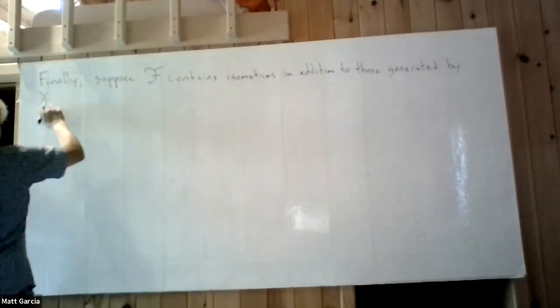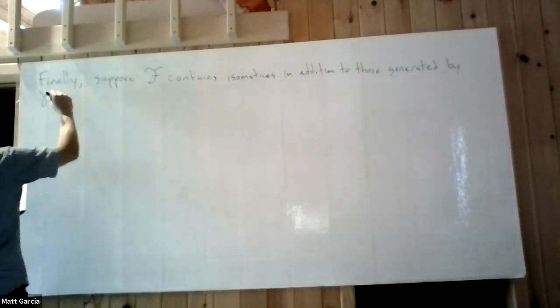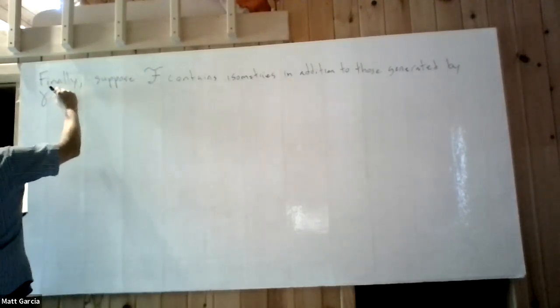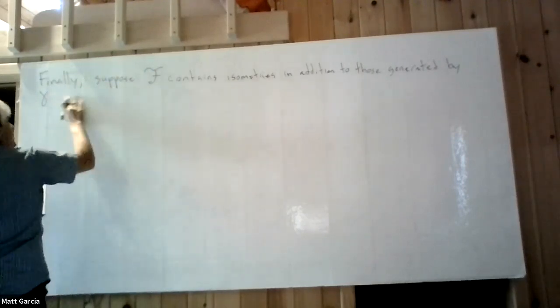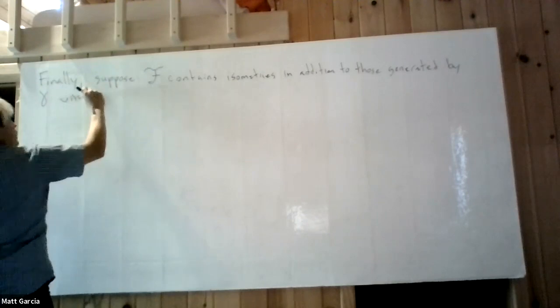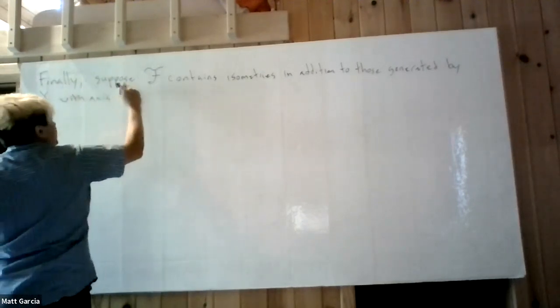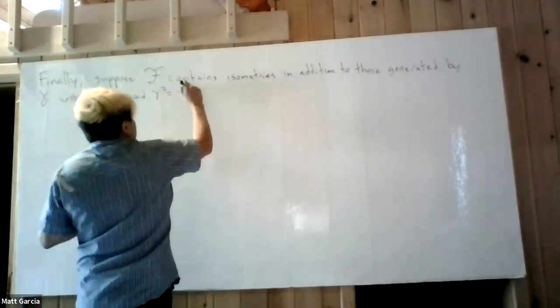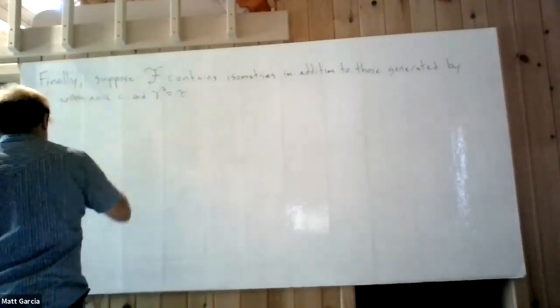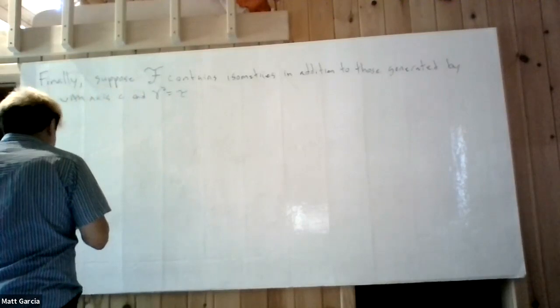So, of course, just to be notationally clear, still gamma has axis C, and gamma squared is equal to tau, the translational generator.